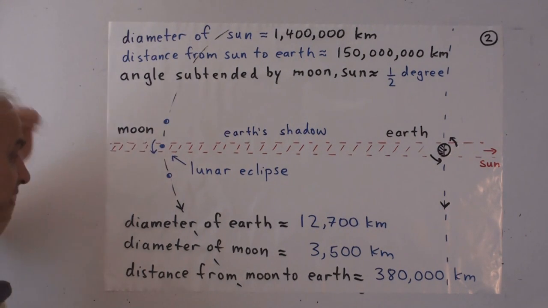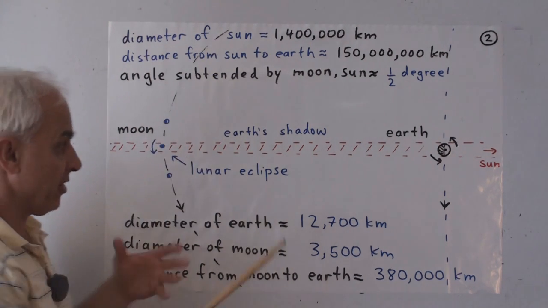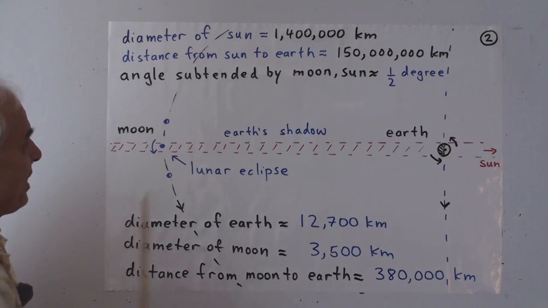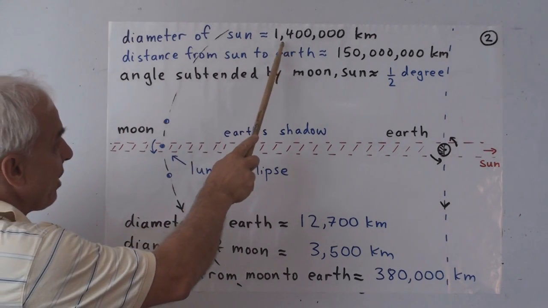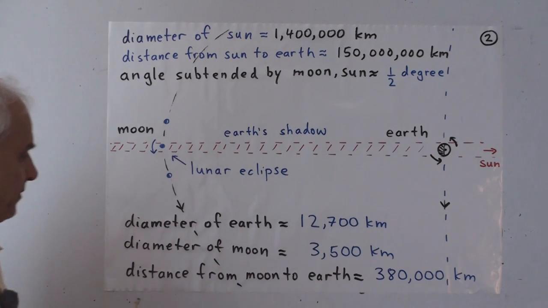All right, so there's some numbers that we'd like to keep in mind here. Some numbers that have been established now over the centuries with careful observation, and they are the following. First of all, the sun, which is the obviously dominant object in the solar system, its diameter is about 1,400,000 kilometers.